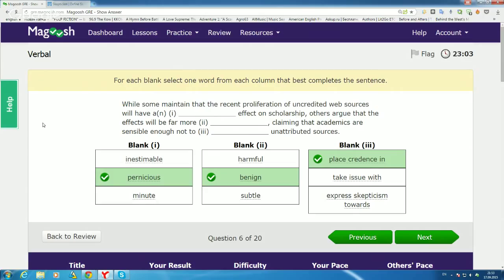Yes. What else? Try to give me another word. If something has a subtle effect, tell me what that means. It has a little but good effect, or a positive effect.